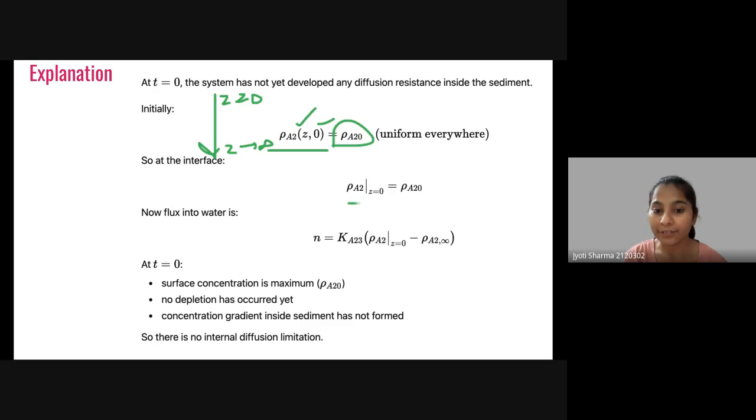And at the interface also there will be the same concentration, so this is the maximum concentration that you can have, and that's how this is giving you the maximum flux. But this will be reduced with time, and that's how this flux will also be reduced. And that's how at time t equal to 0, it is giving the maximum flux.